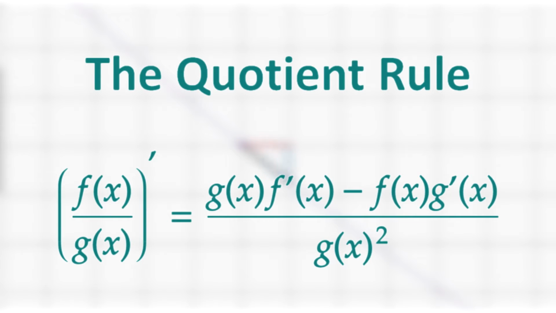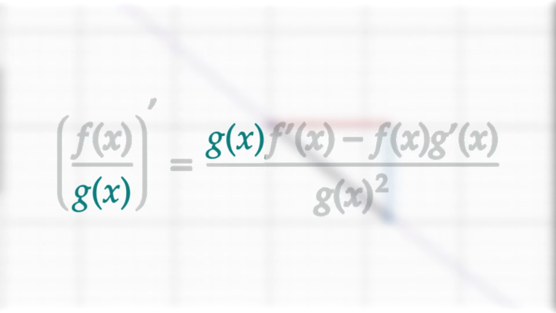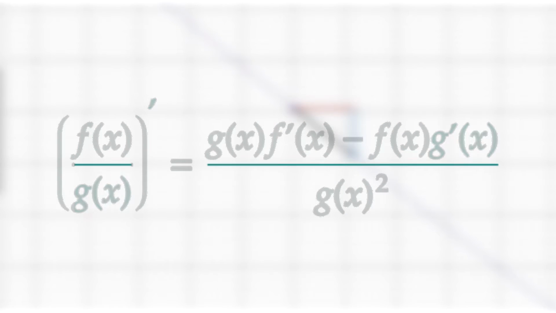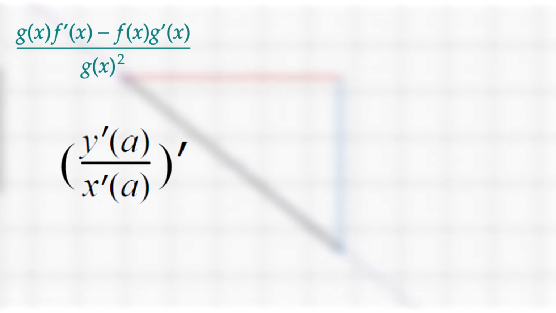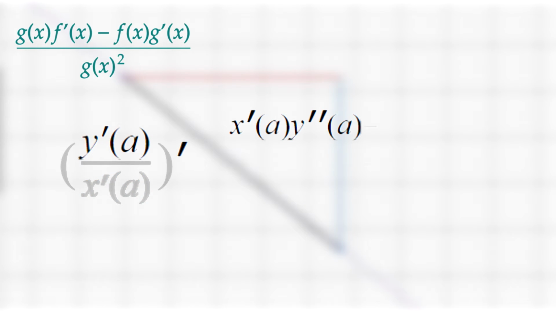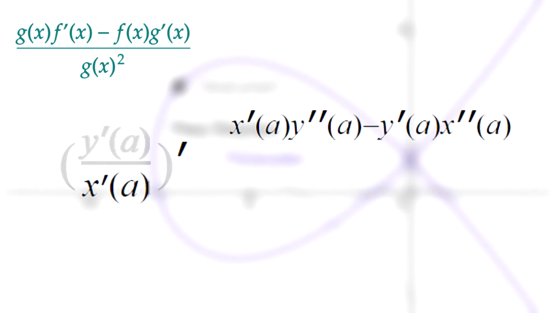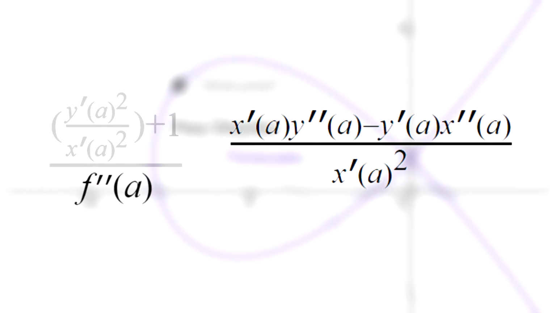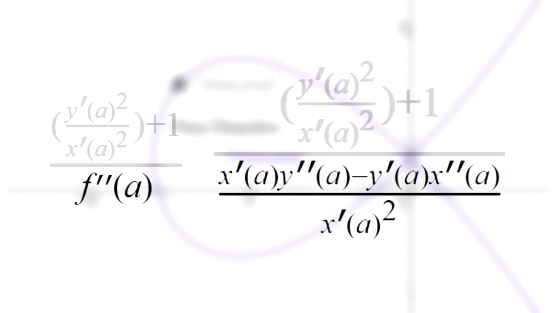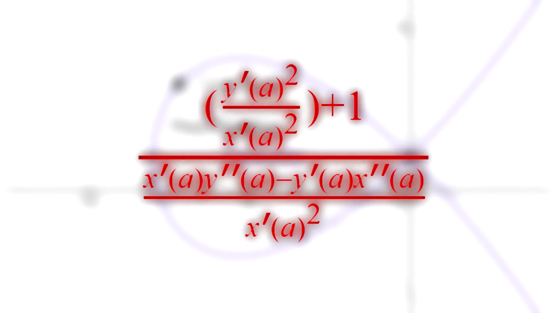Anyways, using quotient rule, we first write the denominator times the numerator's derivative minus the numerator times the denominator's derivative, all over the denominator squared. Following that process yields x prime a, y prime prime a minus y prime a, x prime prime a all over x prime a squared. Replacing f prime prime with this whole thing, we get this nasty complex fraction.